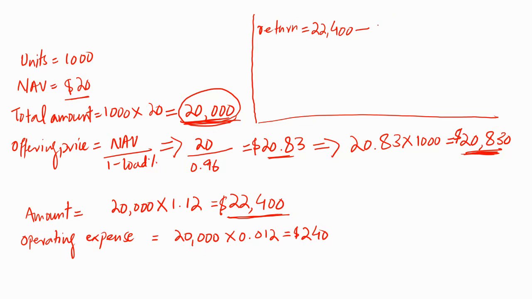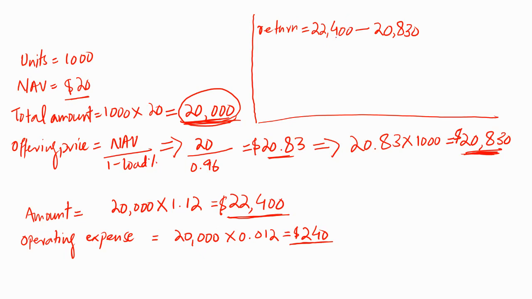So we should be writing 20,830 instead of 20,000, because the rate of return is calculated for the investor, and this was the amount which was paid by the investor. And we also have to account for this operating expense. So our value should be reduced by all these costs also.